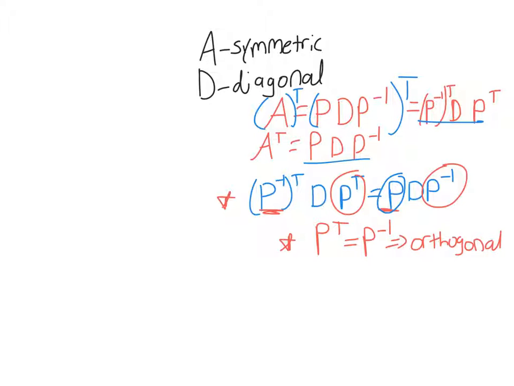In other words, the columns of P form an orthonormal basis for Rn. So that means that the eigenvectors of a symmetric matrix are all orthogonal to each other. So these are the properties of symmetric matrices that we'll be looking at in the lesson.